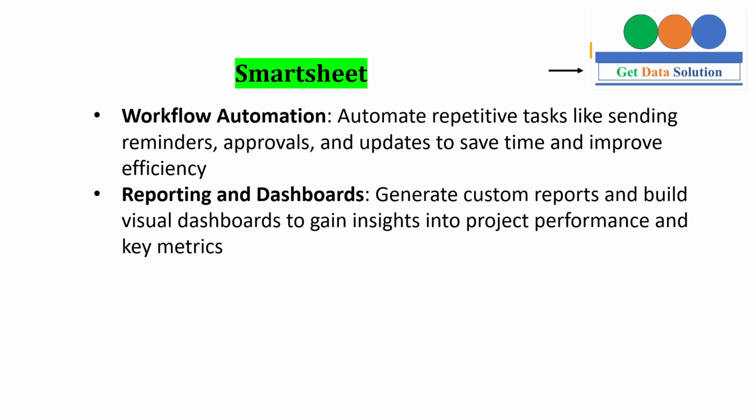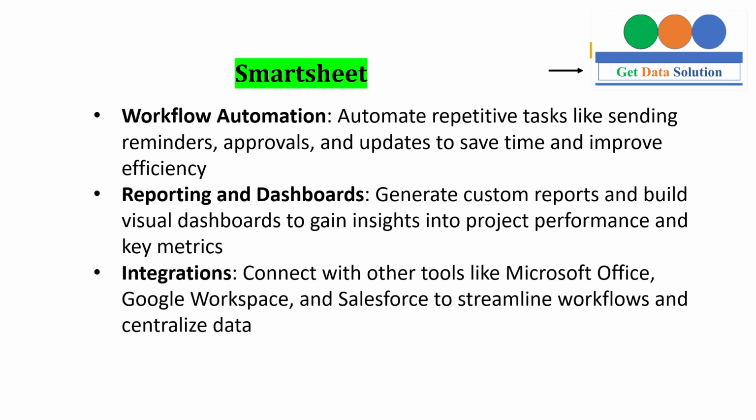The other purpose is reporting and dashboards. You can generate custom reports and build visual dashboards to gain insight into project performance and key metrics. Integrations: connect with other tools like Microsoft Office, Google Workspace, and Salesforce to streamline workflows and centralize the data.